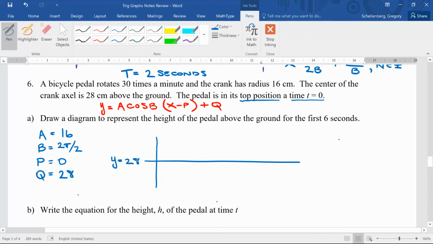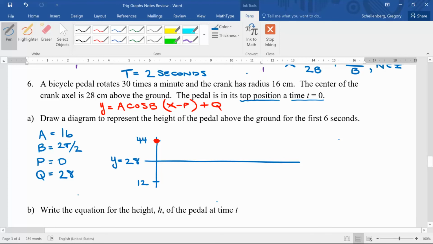Now 16 above that, we have our max point at 44. And 16 below that, we have our min point at 12. Okay, now we're told that the pedal is in its top position at a time of t equals 0 seconds. So we're starting up here at a max point.